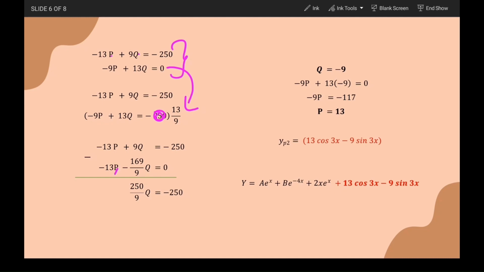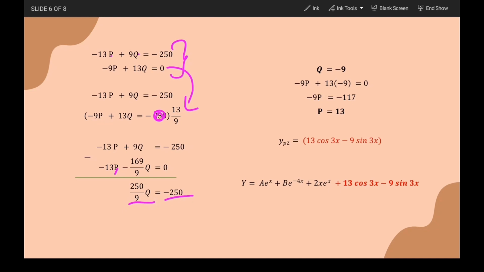And 13q times 13 over 9 gives 169 over 9 q, equals 0. So when you subtract, you get negative 250 minus 0, which is negative 250. And 9q minus 169 over 9 q gives negative 88 over 9 q, as read in the lecture: 250 over 9 q.